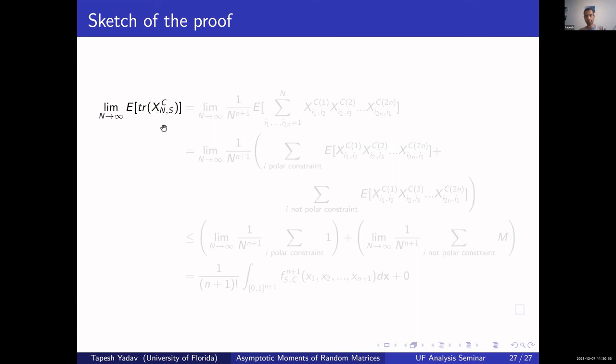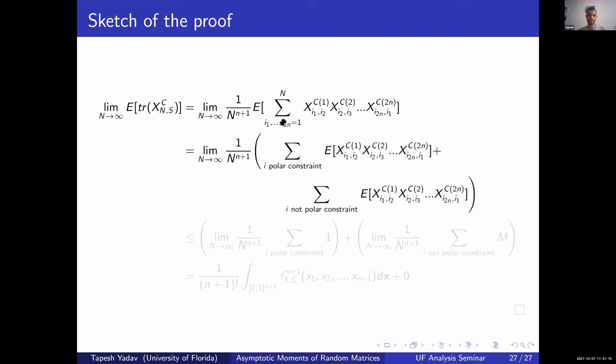The starred moment is given by this trace expansion, as we have seen before. So this is a sum over all possible paths from small 2n+1 to capital N. If you look at this carefully, I can rewrite this sum as a sum over polar constraint paths and a sum over non-polar constraint paths. Okay, this is easy.